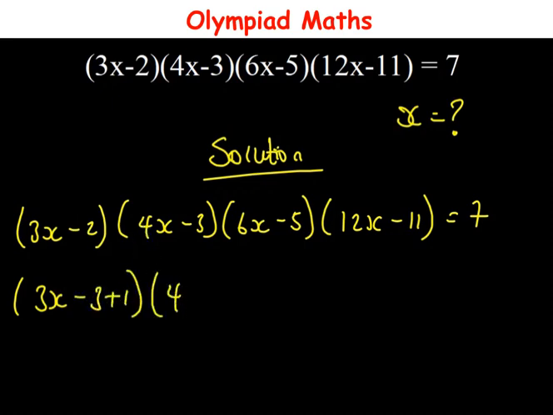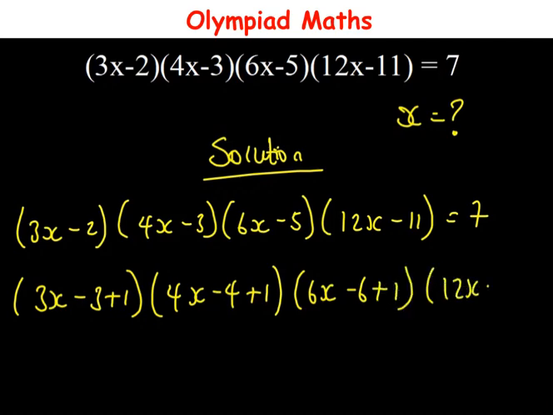Then 4x, where we express minus 3 as minus 4 plus 1. Then 6x, where we express minus 5 as minus 6 plus 1. Then 12x, where we express minus 11 as minus 12 plus 1. All of this is equal to 7.